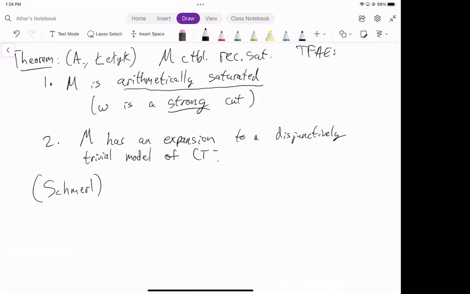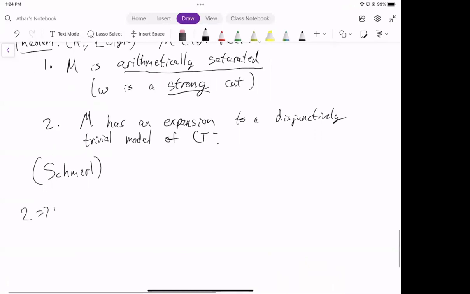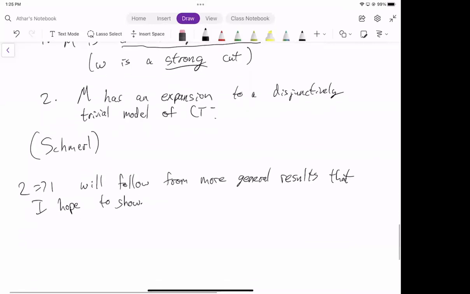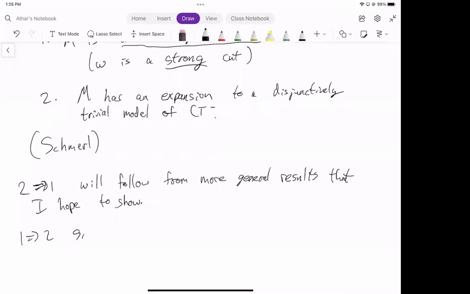So 2 implies 1 will follow from more general results that I hope to show today, and then 1 implies 2 is essentially similar to techniques that I used in the other results. So I'm not going to go through that.